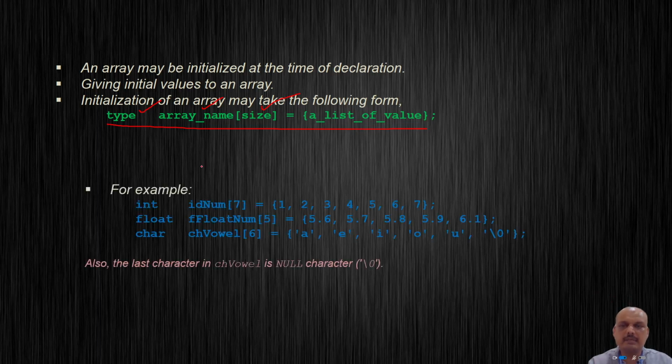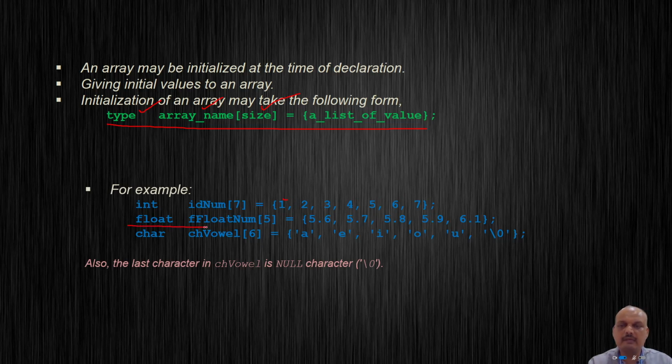Here is an example. Suppose we have an integer array id num of 7. This indicates that I can store 7 elements of type integer. And if I want to give them some initial values, you can just put those values in curly braces separated by commas. So I have 1, 2, 3, 4, 5, 6 and 7. So 7 elements get stored into this id num array.